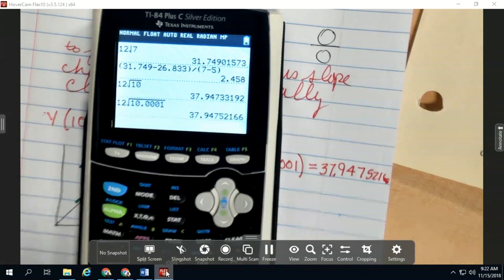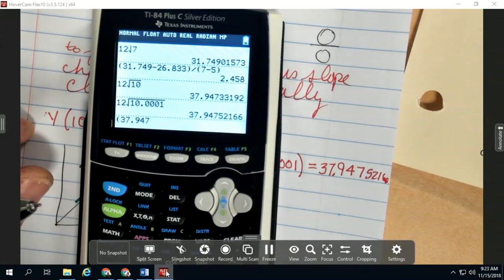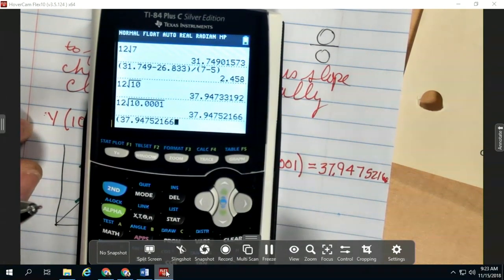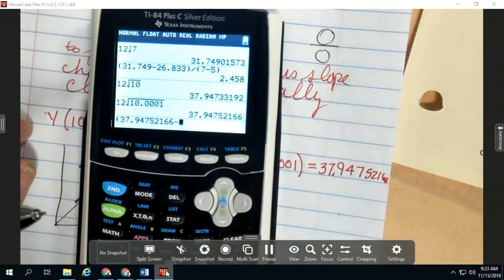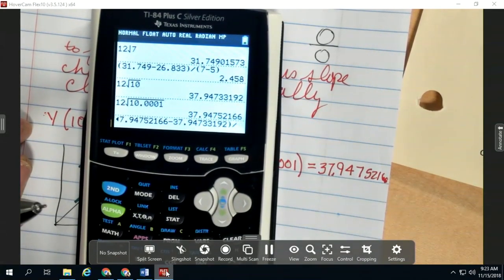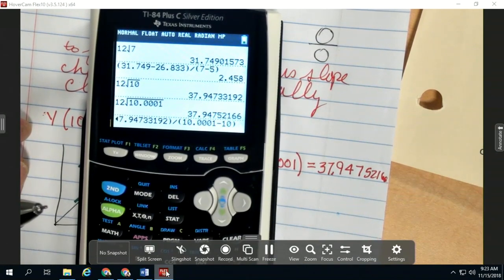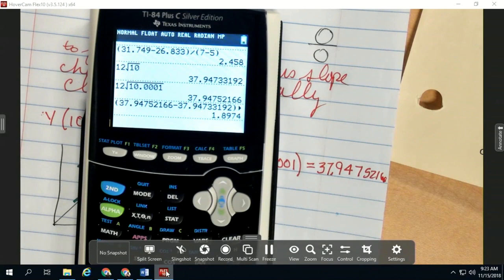Our numerator is our second value, 37.9475216, minus our first value, 37.947333192, close parentheses, divided by parentheses 10.0001 minus 10, close parentheses, and we get a slope of 1.8974. Is that what everybody got?